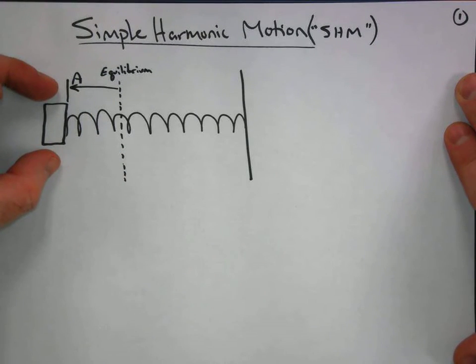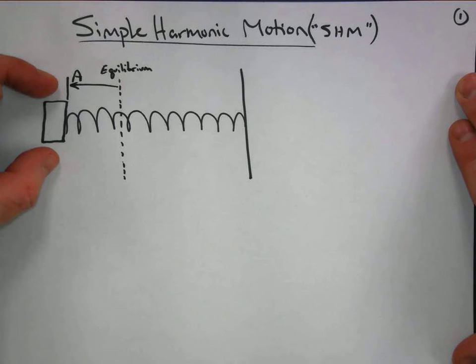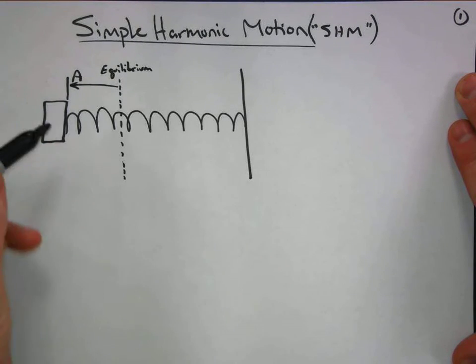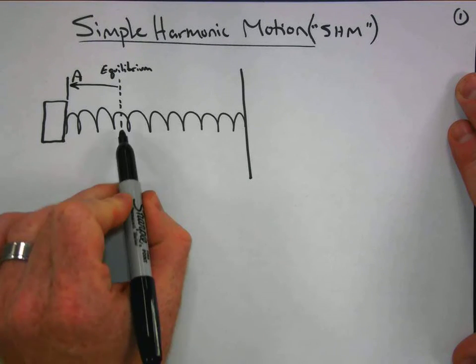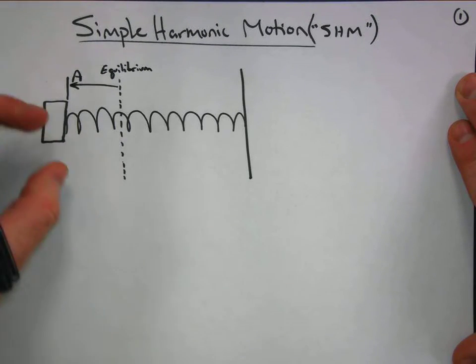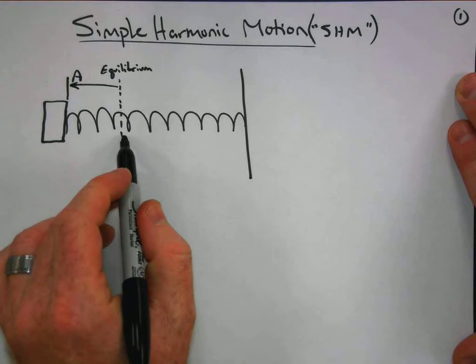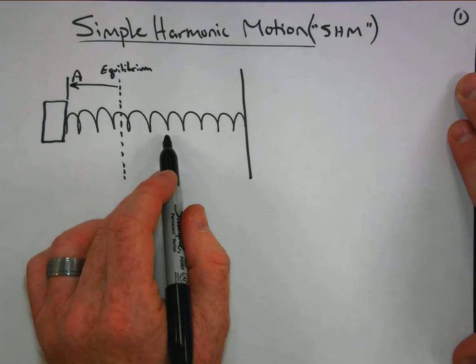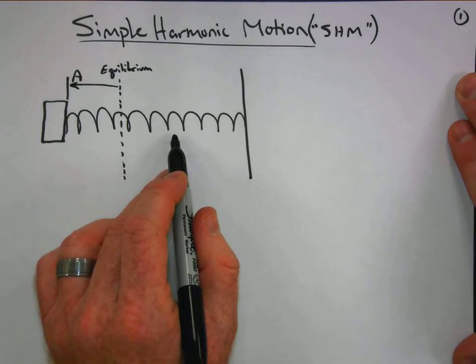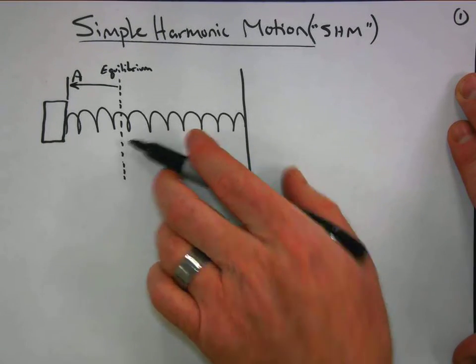And at this location, it's not moving, and I would release it. And what's going to happen is there is a restoring force, the force in the spring. It's going to pull it back toward equilibrium. And it's going to shoot past this location because it's got a lot of momentum now and kinetic energy. But then as it swings this way, the spring is going to be exerting a restoring force that way now.